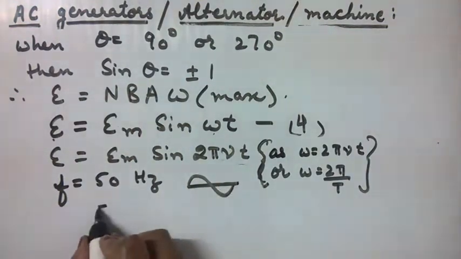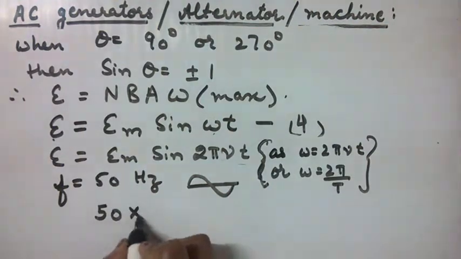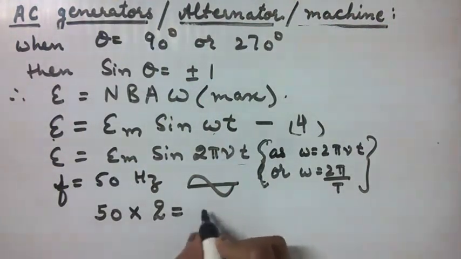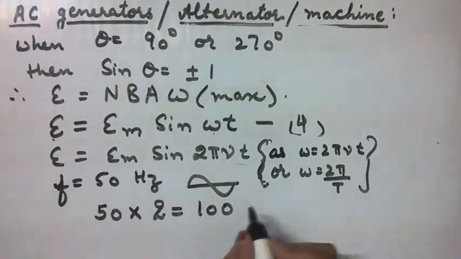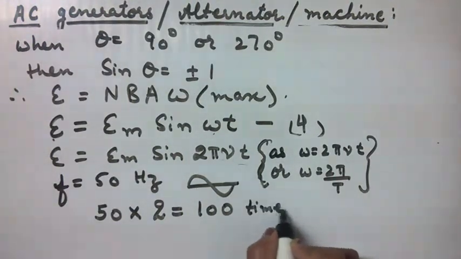So in 50 revolutions the current reverses or changes its direction 100 times in a second.